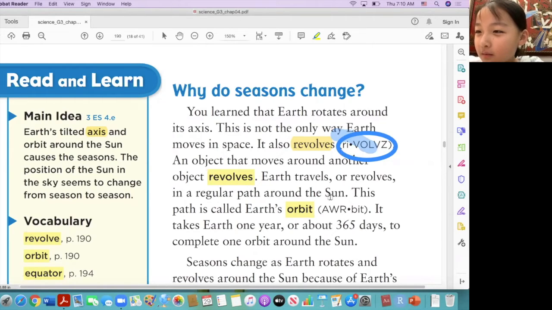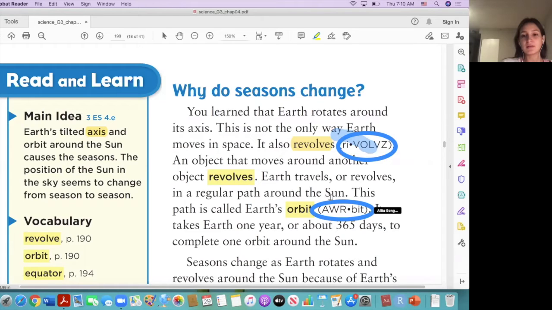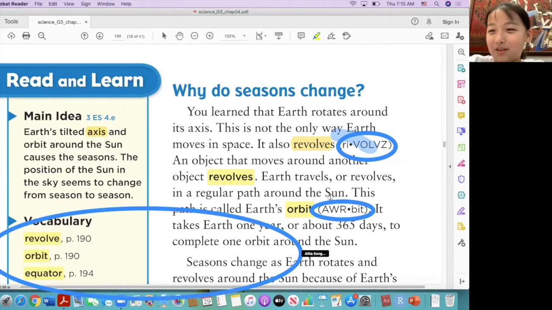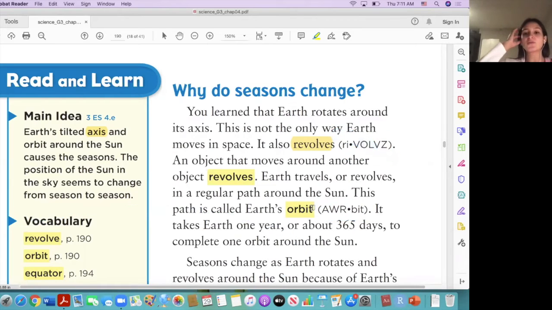Orbit, it is right here. Yeah, so our vocabulary words are most of the time going to have these pronunciations.